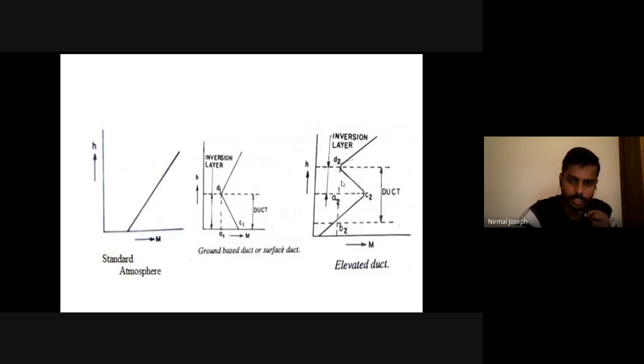So between D2 and B2, a duct will be formed. Or we can say that this region is sandwiched between two atmospheric layers of hotter region. Okay, so that's why we call this duct an elevated duct.